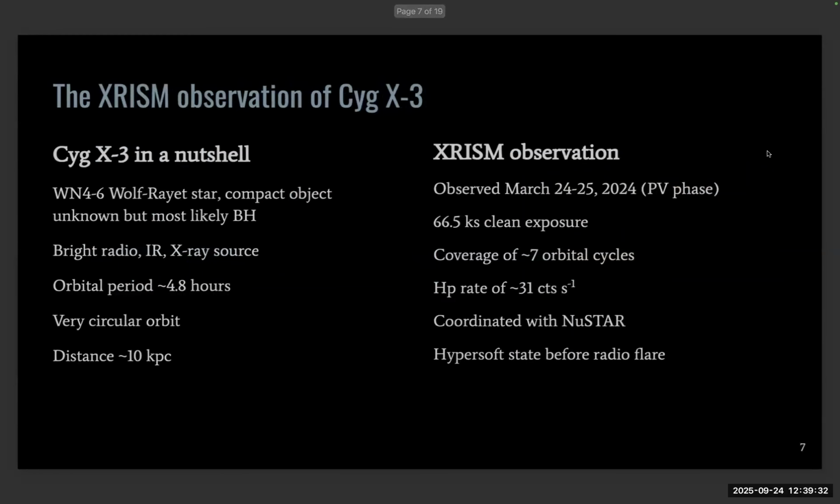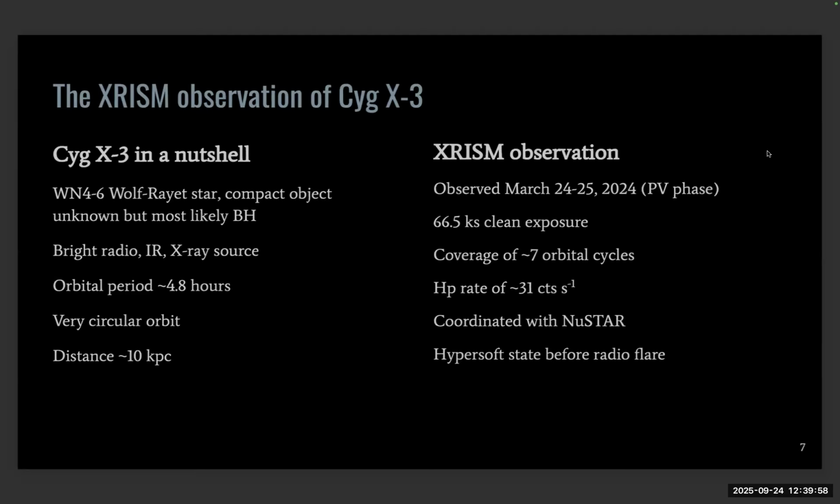So now turning to the astrophysical sources, one of the very famous and very special high-mass X-ray binaries that XRISM observed very early on in its mission was Cygnus X-3. And Cygnus X-3 is quite extraordinary in that it has a Wolf-Rayet companion star.